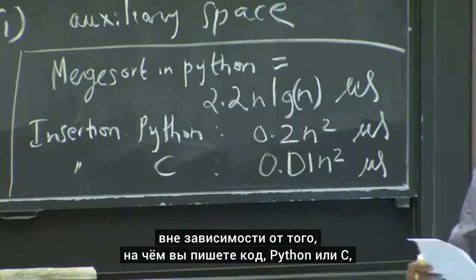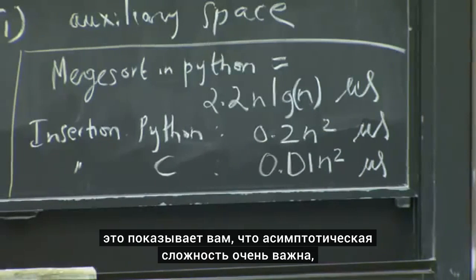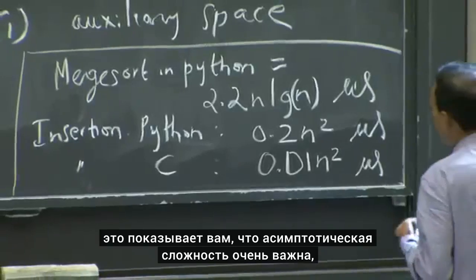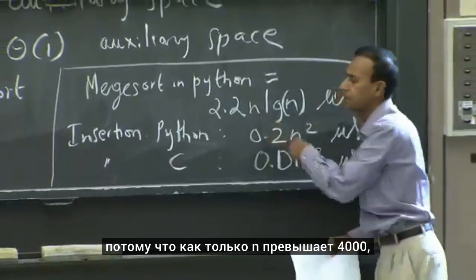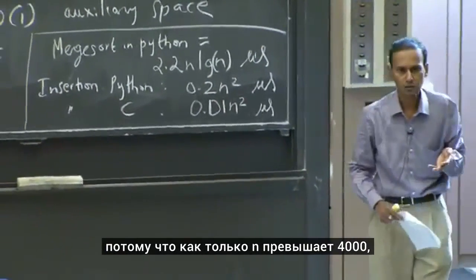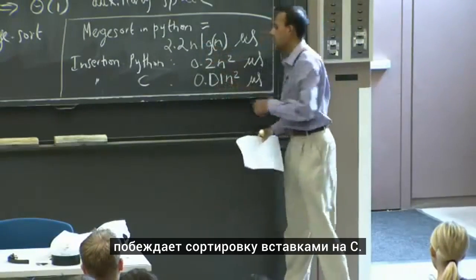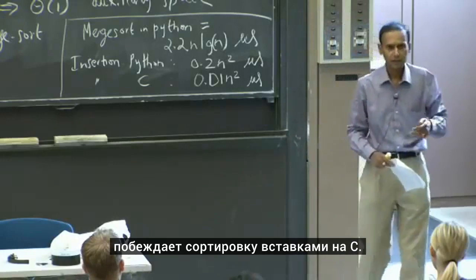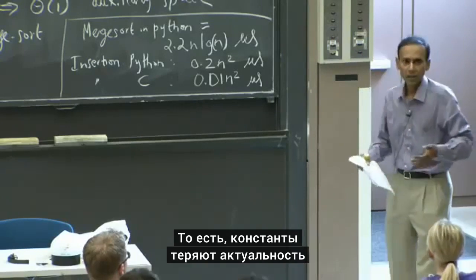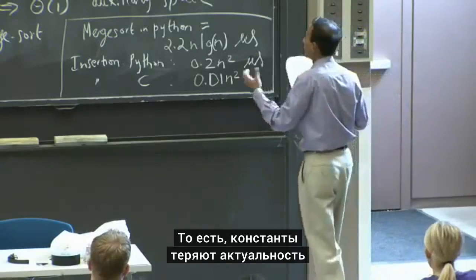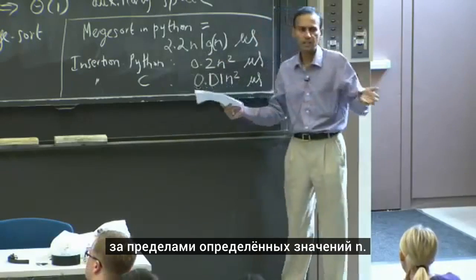And what you can see is that regardless of whether you're in Python or C, this tells you that asymptotic complexity is pretty important, because once n gets beyond about 4,000, you're going to see that merge sort in Python beats insertion sort in C. Right? So the constant factors get subsumed beyond certain values of n.